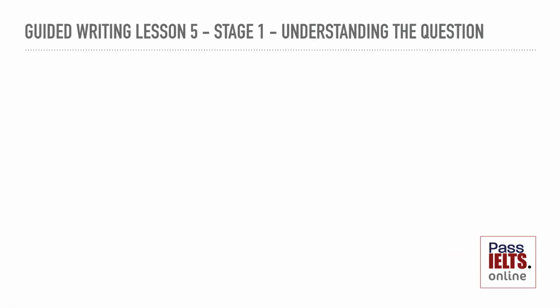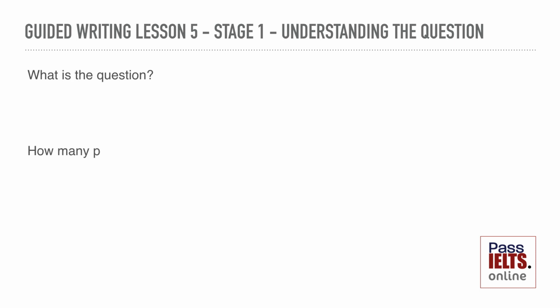First of all, we should read the task very carefully and make sure we understand what it is we have to do. I suggest to begin with, you underline the main parts of the question and decide what kind of question it is. In this case, we have two opposing views presented and you are asked which one you agree with and to what extent.